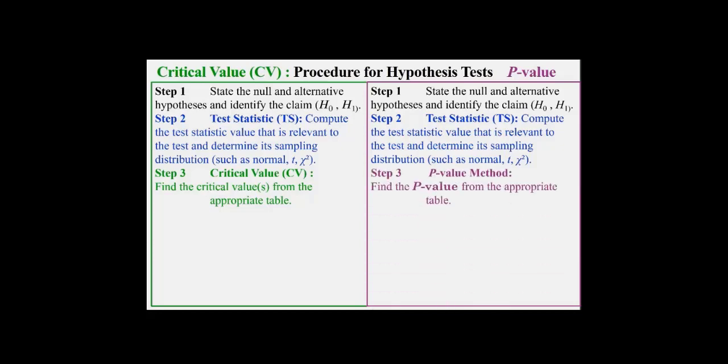So the p-value is an area. The critical value is just a number. And now you compare steps 2 and 3, and you make a decision. In the case of a critical value, the value of the test statistic calculated is either in the rejection region, that means in one of the tails, and you are going to reject H0, or it's not, in which case you're going to write the following.